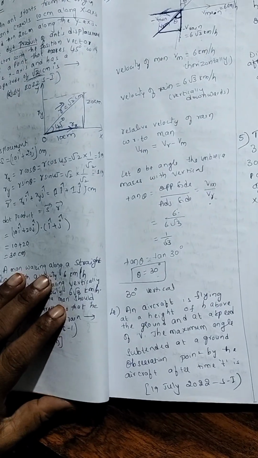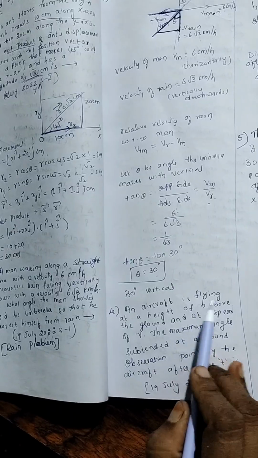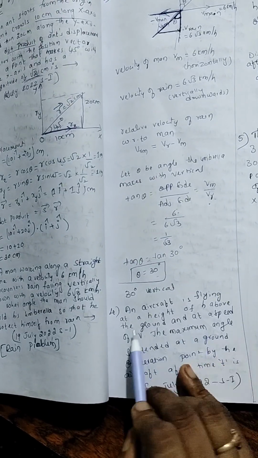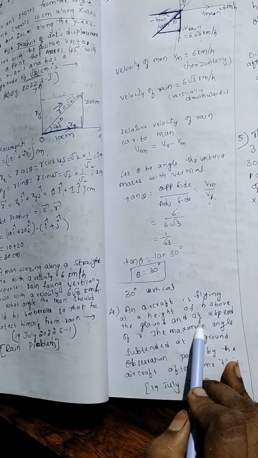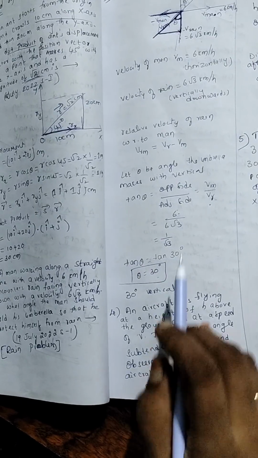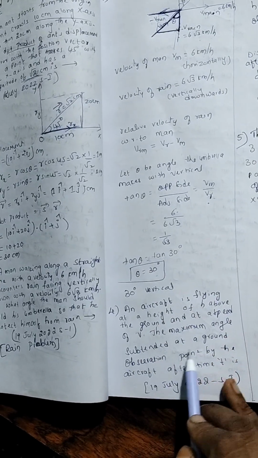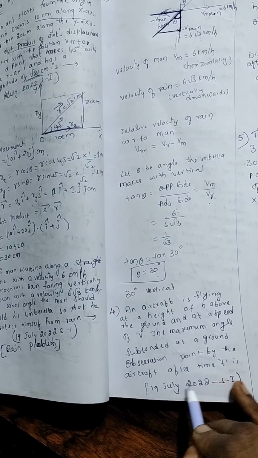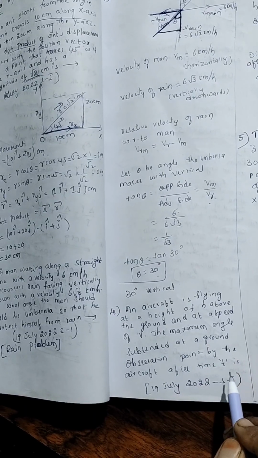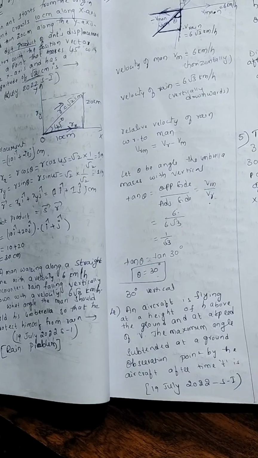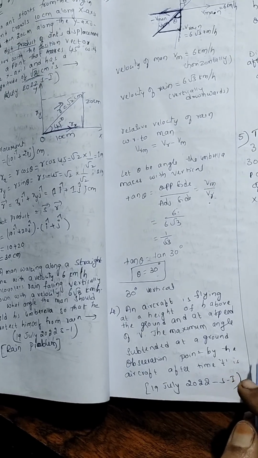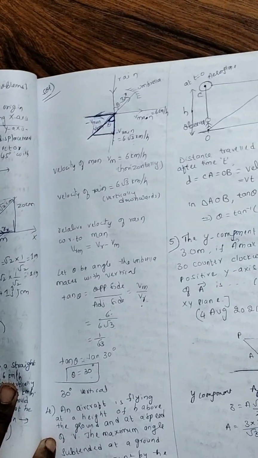Next, an aircraft is flying at a height of h above the ground at a speed of v. He is asking for the maximum angle subtended by the aircraft at a ground observation point after time t.